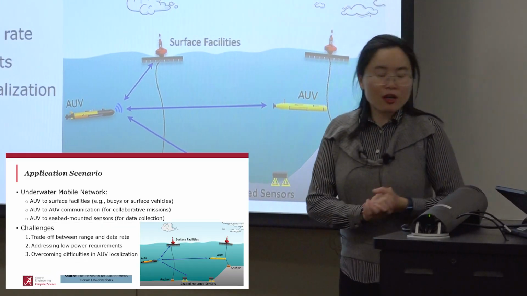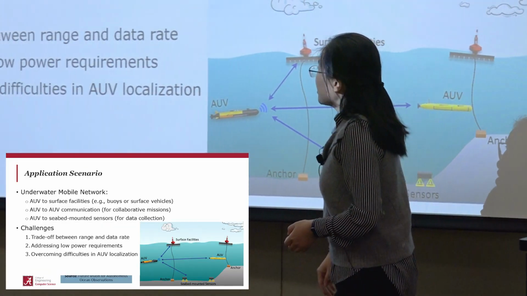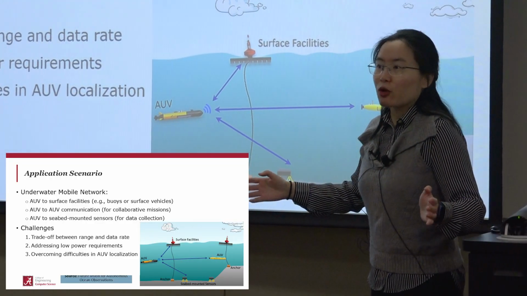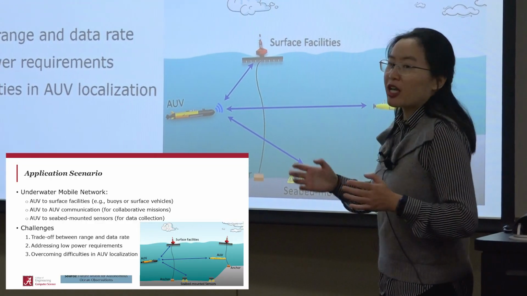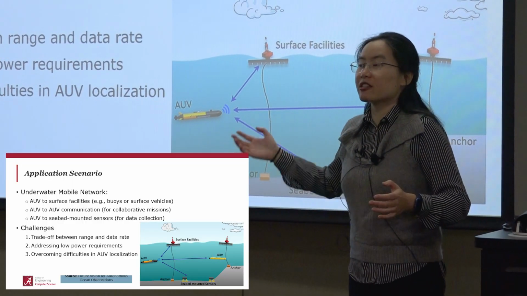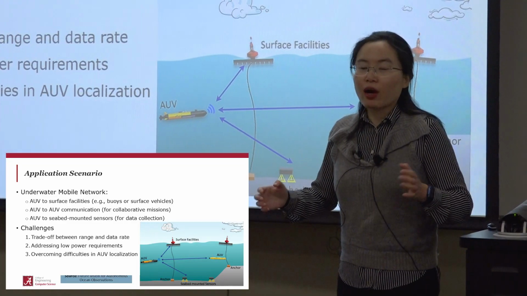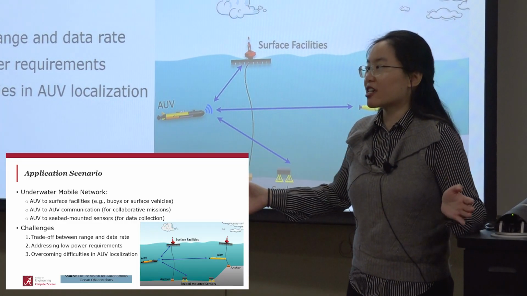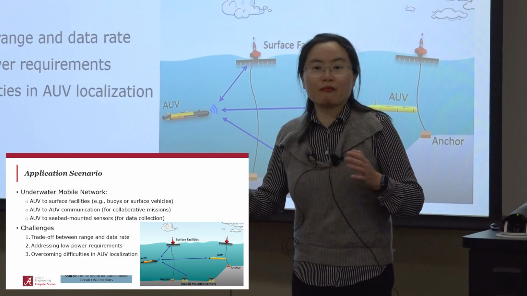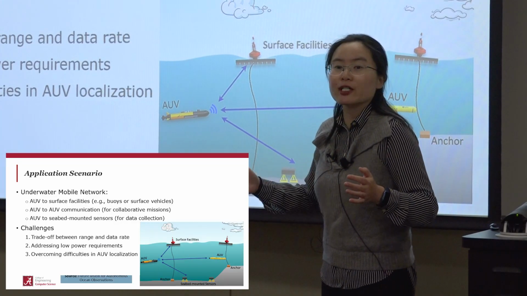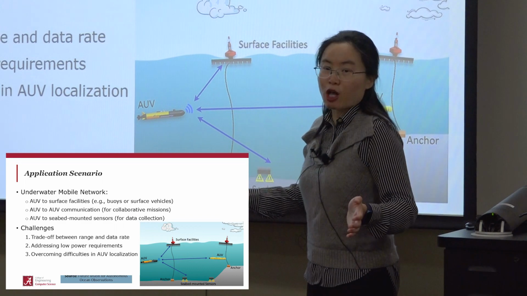Those challenges include a trade-off between the communication range and the data rate. High rate communication is very important, especially in the future. You can imagine that when we have AUVs working together, we want them to be able to share high resolution images and videos among them for ocean exploration.